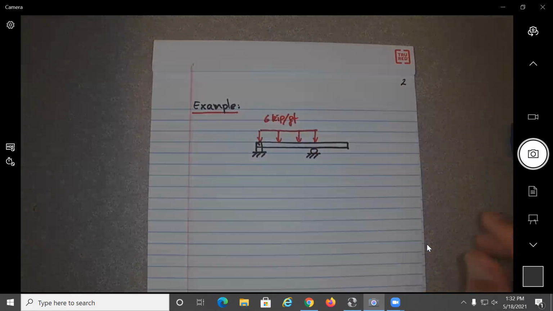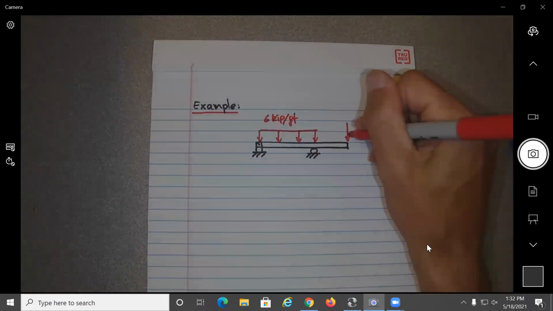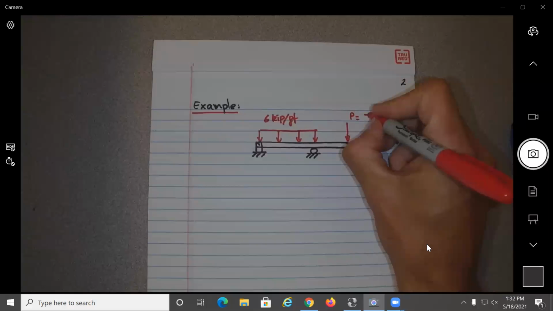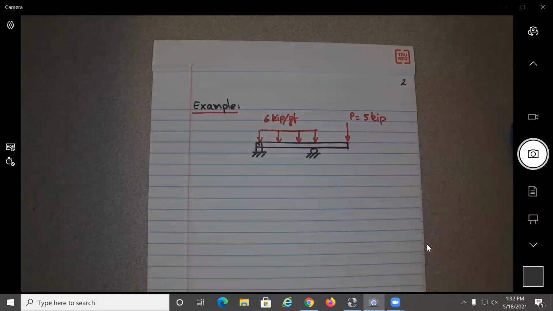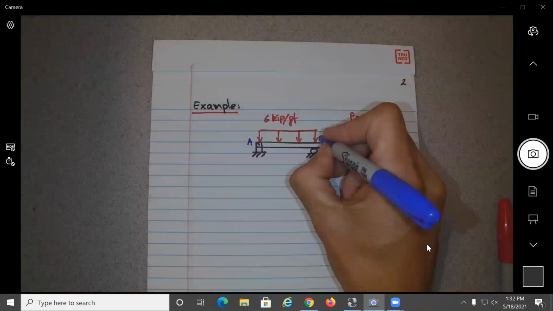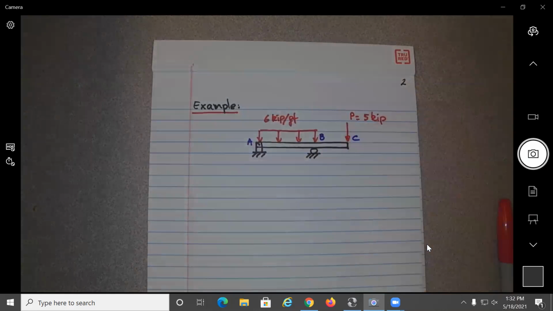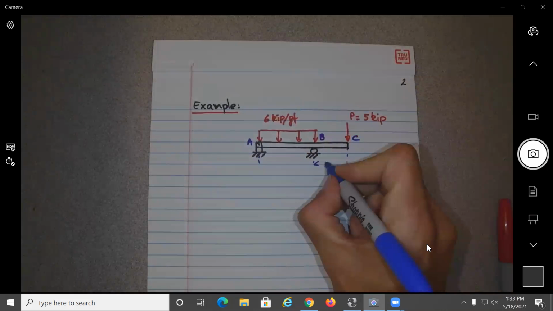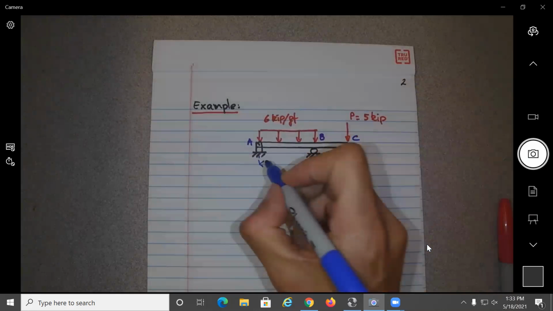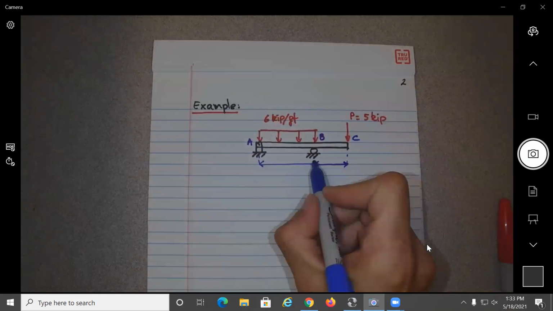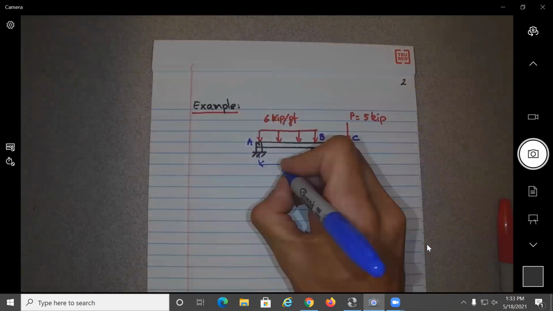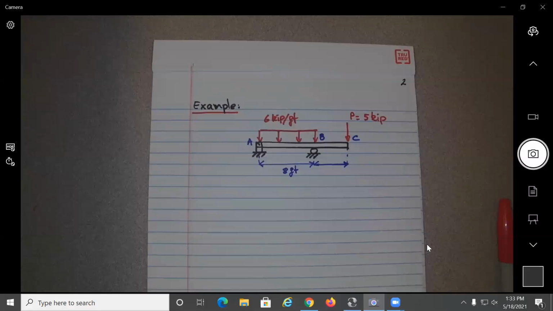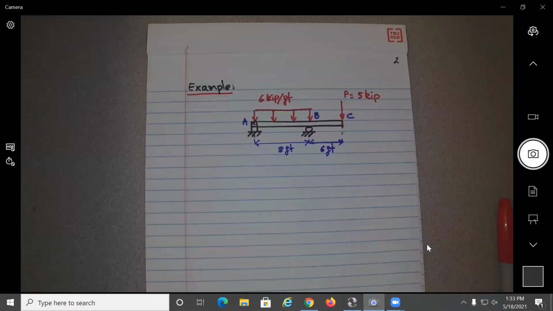And we have a punctual load at the end, P here, equal to 5 kip. And this is point A, B, and C. The distance over here is 8 feet. And this one here will be 6 feet, okay?